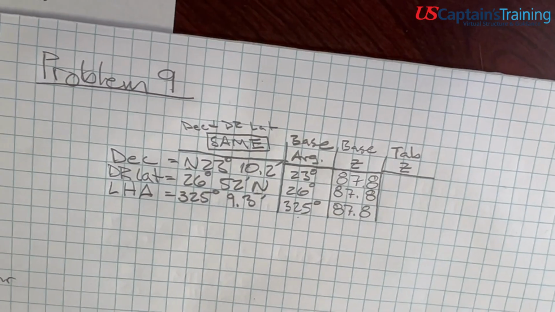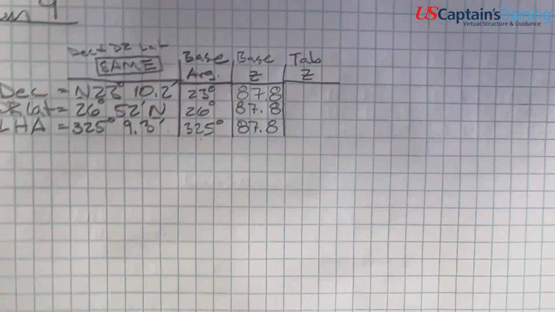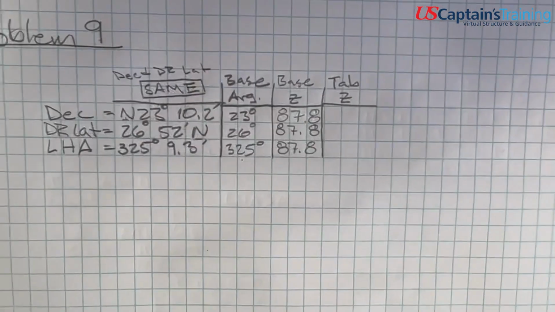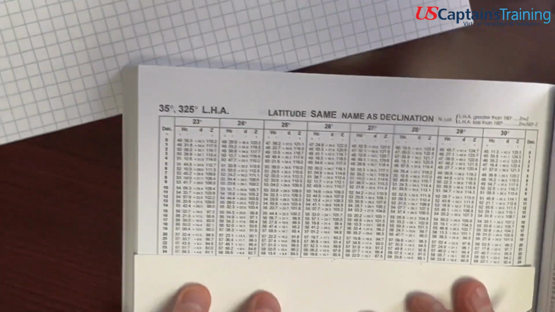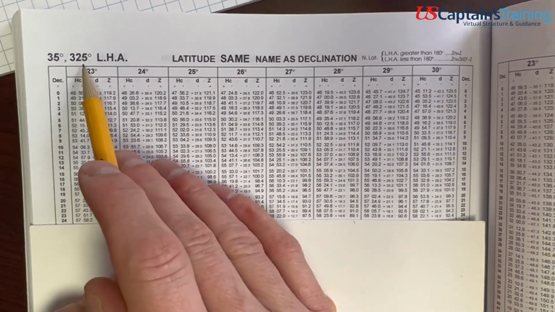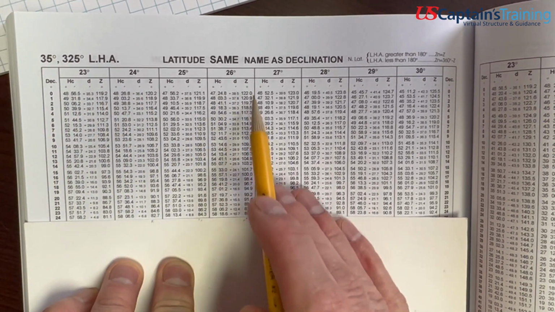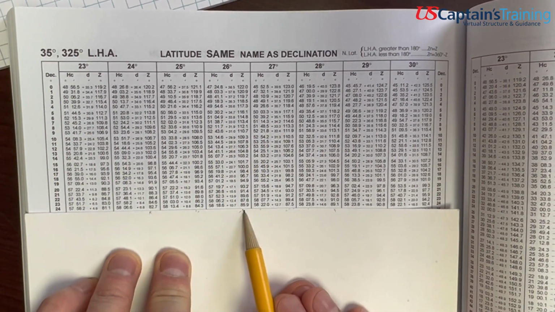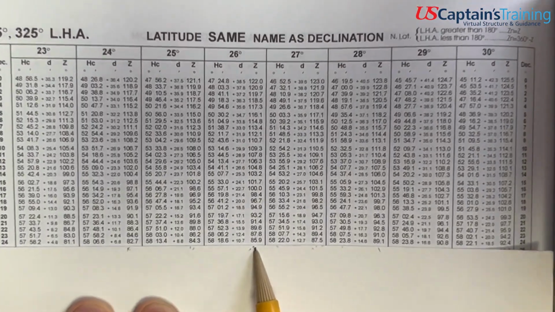So let's do that. So our new declination, 24. Let's slide it down to 24 over here. So now we're at same, 325, 26, and the Z column down to 24 declination, 85.9.